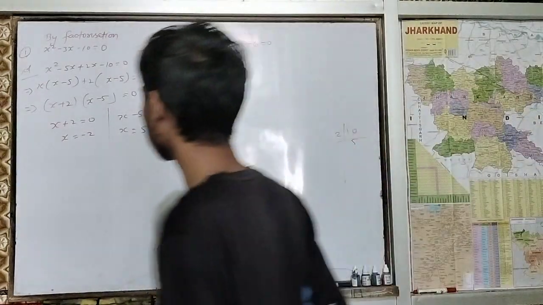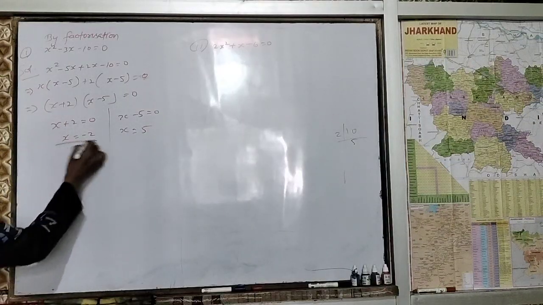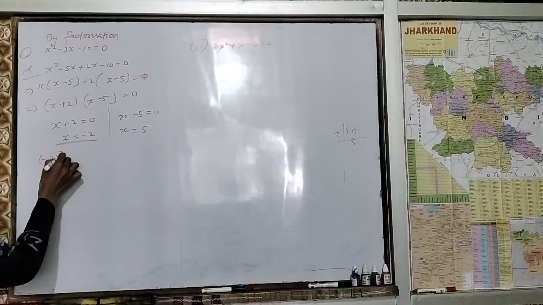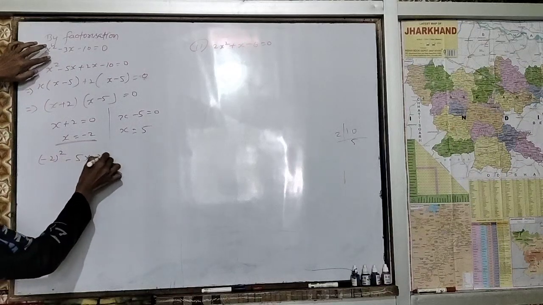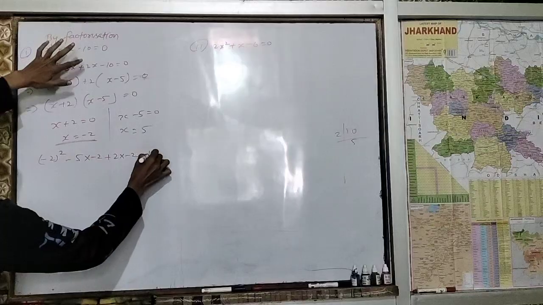I can even show you. If we put minus 2: minus 2 square, minus 5 times minus 2, plus 2 times minus 2, minus 10 is equal to 0.